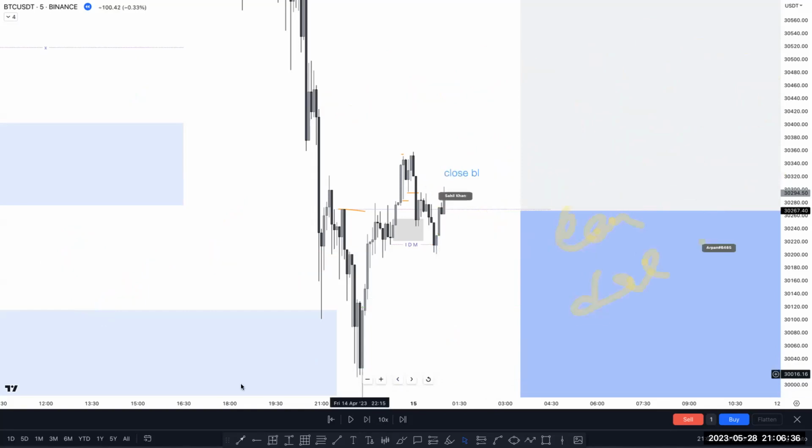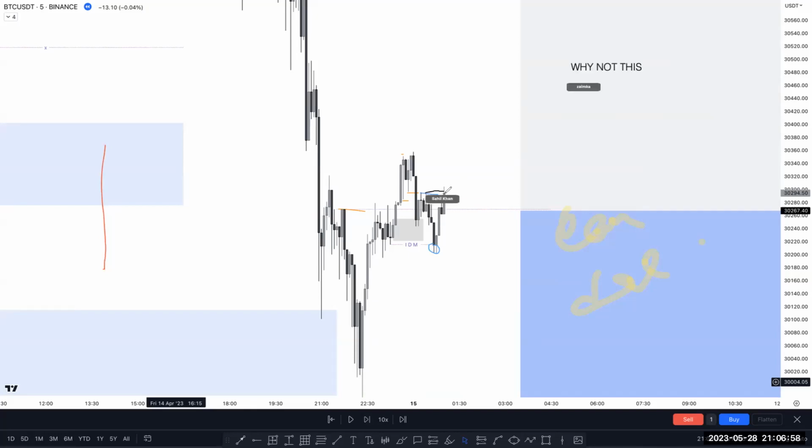Okay, actually, look at this one. I want to clear something here. Right now, we can buy here based on SCOB. But the problem is that this inducement was taken out, but price closed below it. So when the market closes below it, then you have to buy here after it breaks the high, like any internal high or structure high, like this is a high, and when this is broken, then we can buy.